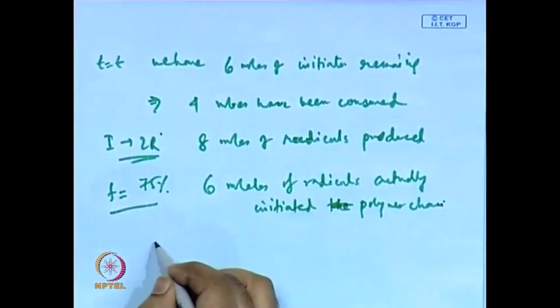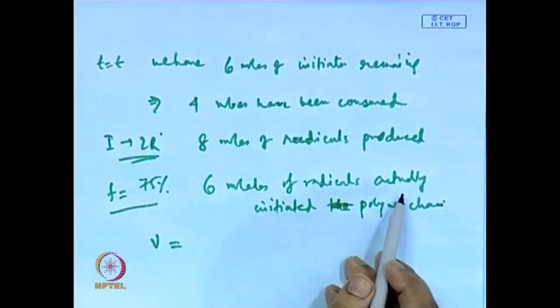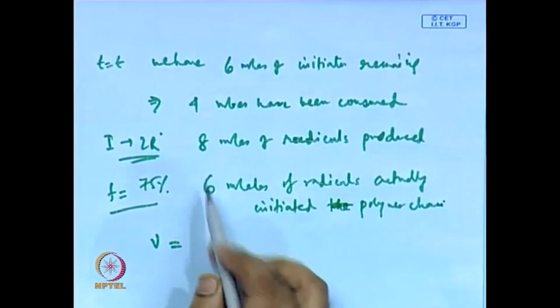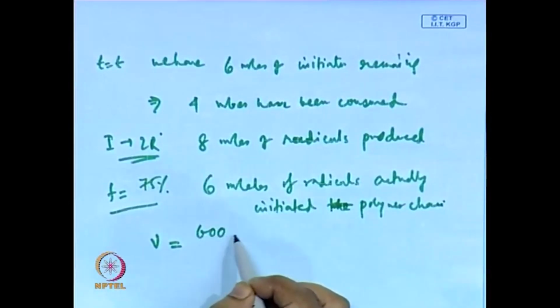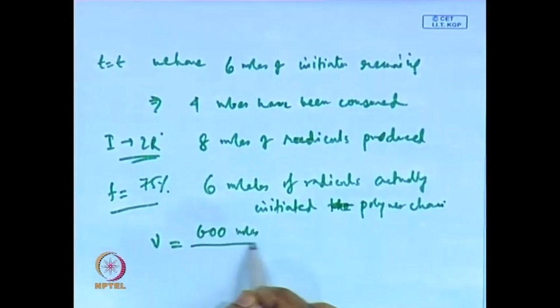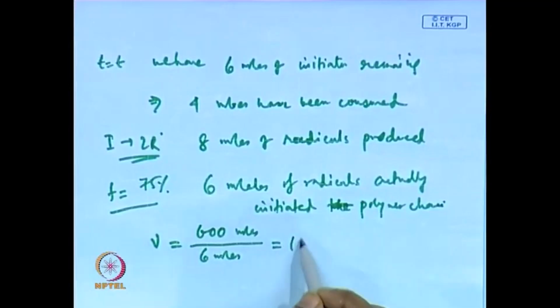Okay, so, number of what is new? Total number of monomers polymerized, which is 600 moles, that is the number of monomers polymerized. How many radicals have initiated polymer chains? That is 6 moles. So, that is 100. Okay.